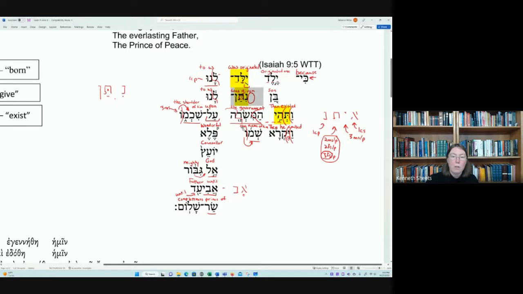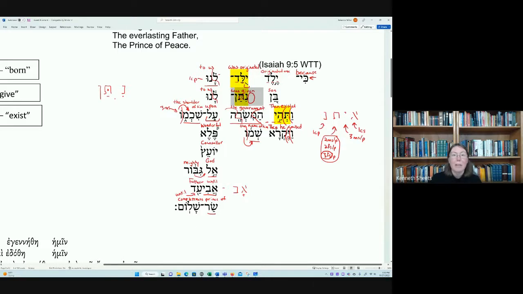So God called the name of him all of these things. But that makes perfect sense because he would be the only one who would have the authority to give those names, especially to one who is God in the flesh. And so thus you have then Pele, Yoetz, El Gibor, Aviad, Sar, Shalom. And so those are his names.